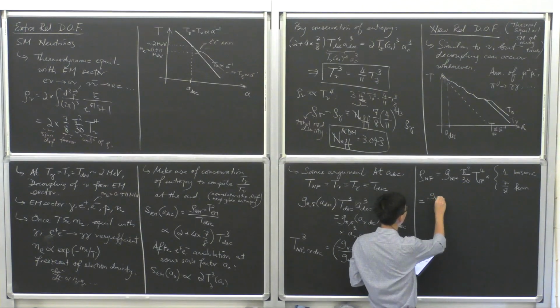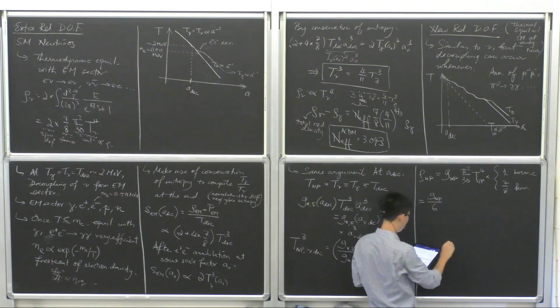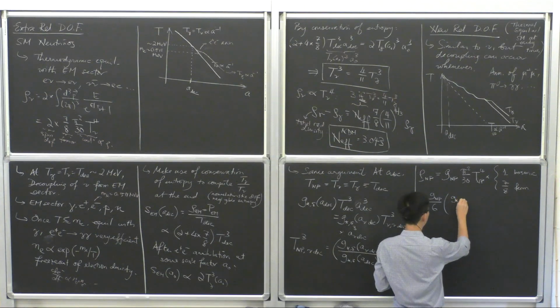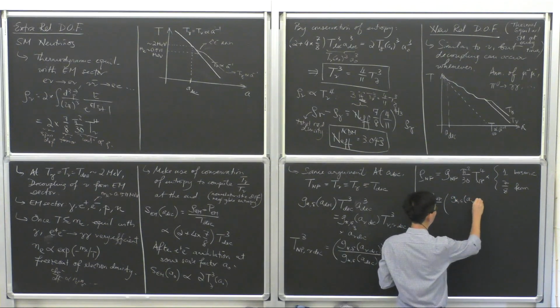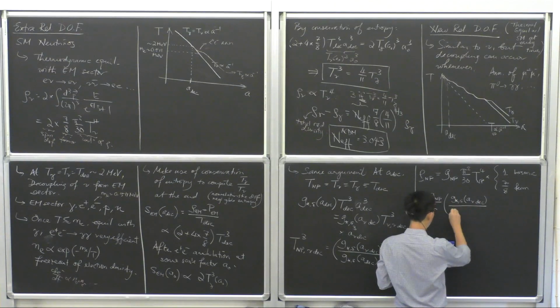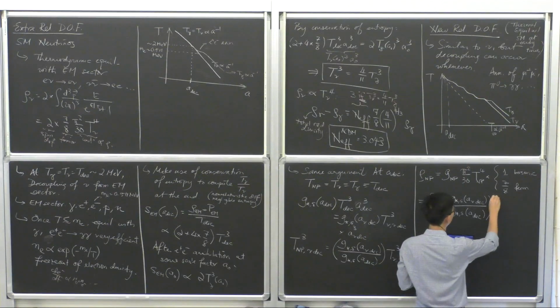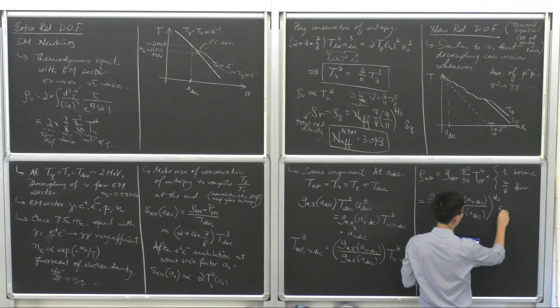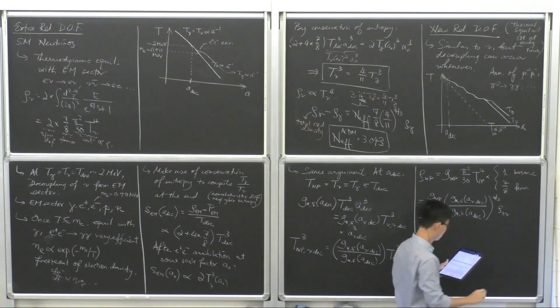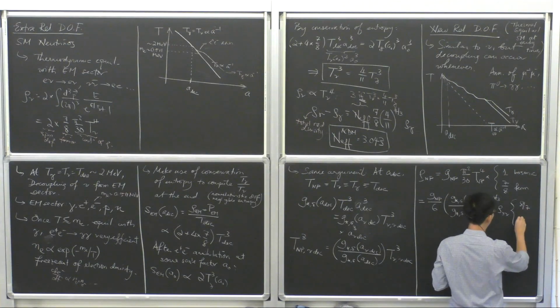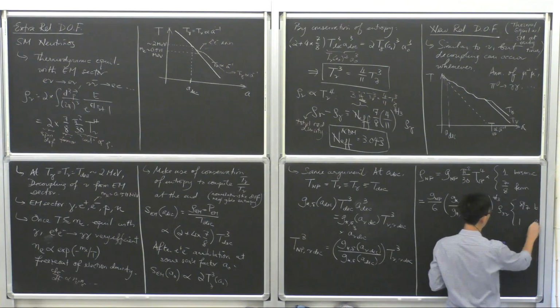But in the end, you get something like G new physics over 6 times G star S A new decoupling divided by G star S at A decoupling to the 4/3 times rho of all 3 neutrinos times 8/7 or 1 for bosonic and fermionic.